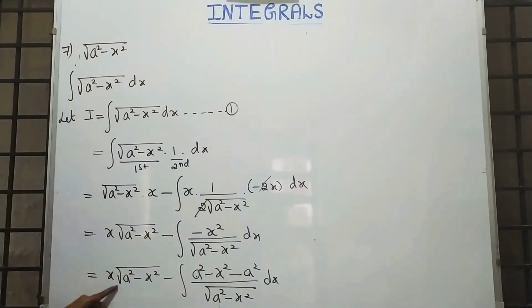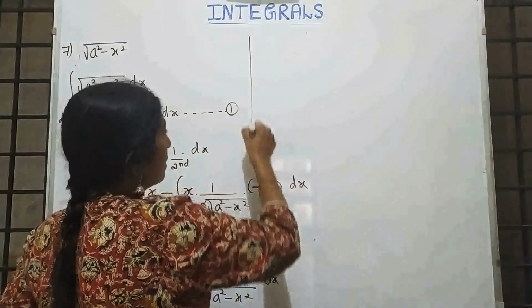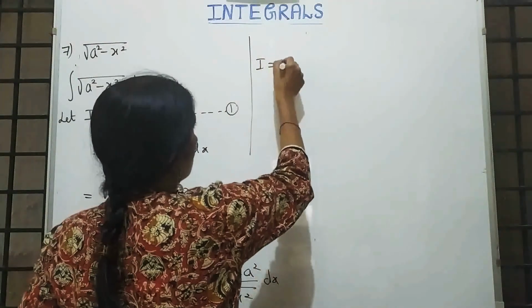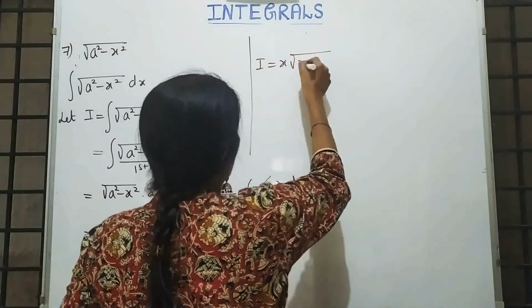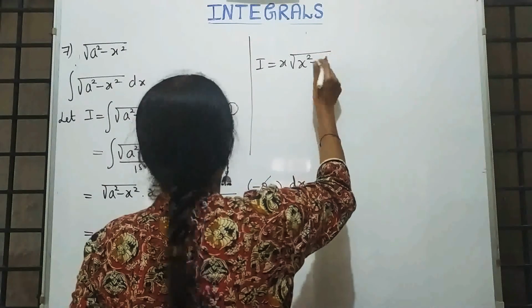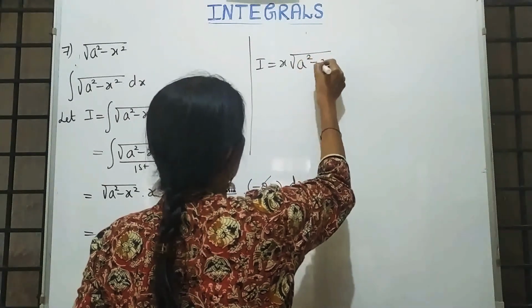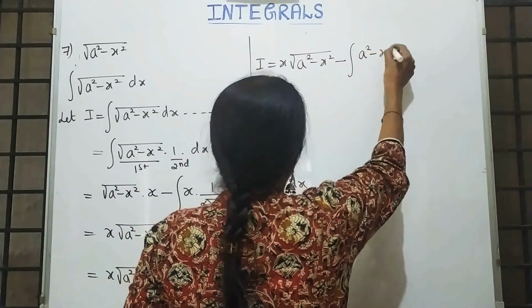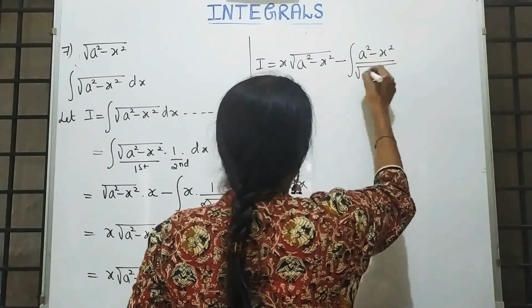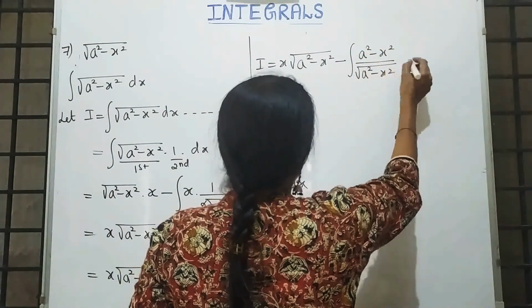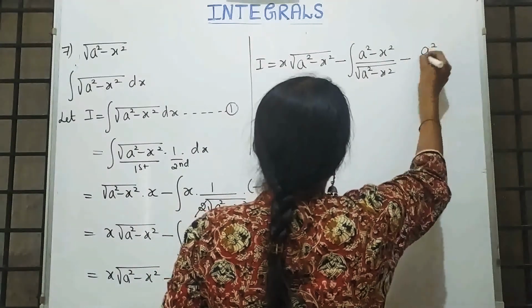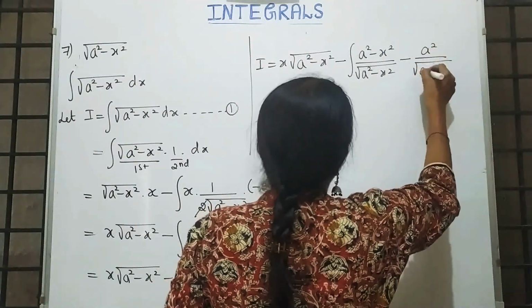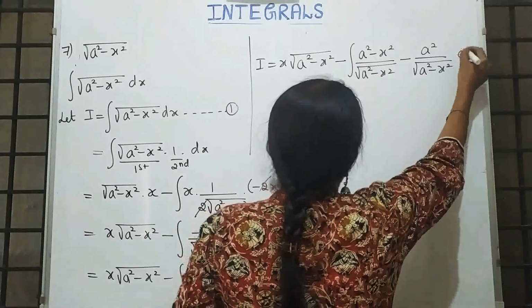So after this, here I is equal to x into root of a square minus x square minus x square upon root of a square minus x square minus a square upon root of a square minus x square.